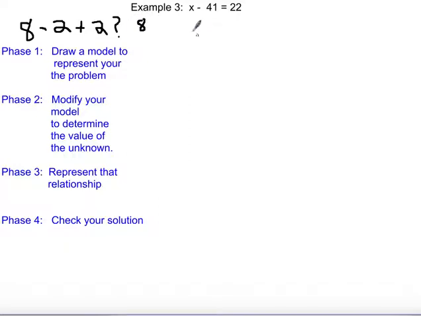Or if I had 11 minus 5 and then I added 5 to that. So we have 11 minus 5 plus 5. What would that equal? Well, 11 minus 5 is 6, plus 5 gives me 11, right back where I started.